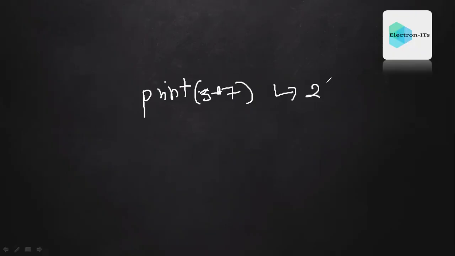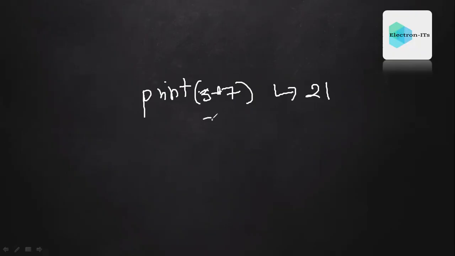Starting from basic printing, we use the print statement to print the different types of calculations. So suppose I want to do 3 into 7. The output it will generate is 21.